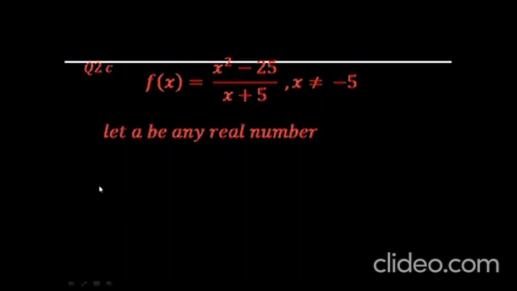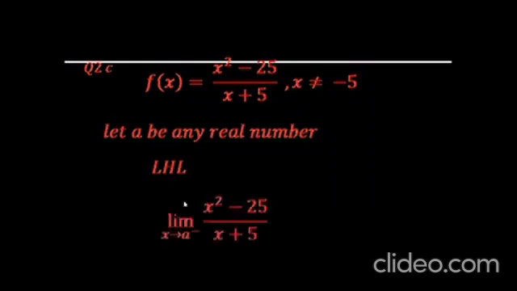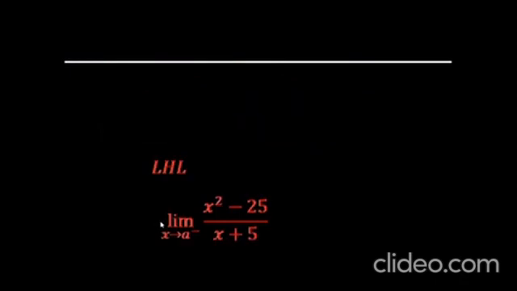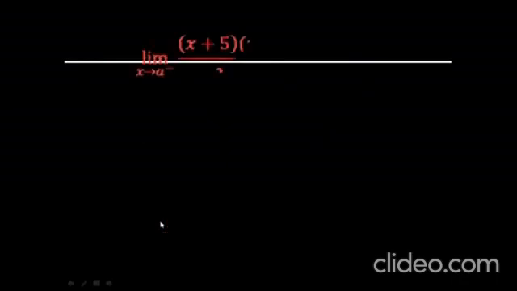First of all, find the left hand limit. In the left hand limit, you can write limit x tends to a minus, and the value of the function is x square minus 25 upon x plus 5. After writing this step, we put the value of x as a minus h. So we can write limit of (a minus h) whole square minus 25 upon (a minus h) plus 5.